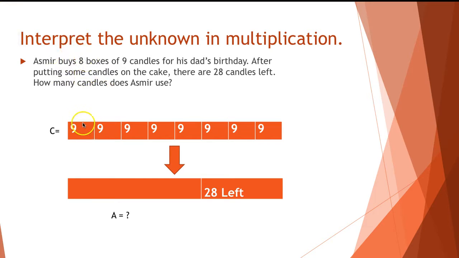We have 8 boxes, 1, 2, 3, 4, 5, 6, 7, 8, of 9 candles. So if we do 8 times 9, we can figure out how many candles there are total. I want you to take a second and skip count either in your head or on your whiteboard or piece of paper 8 times 9.